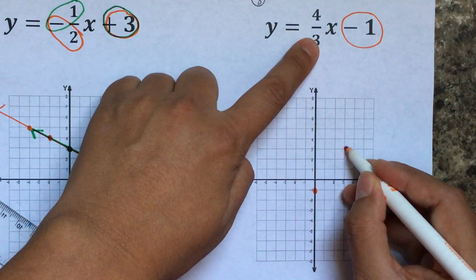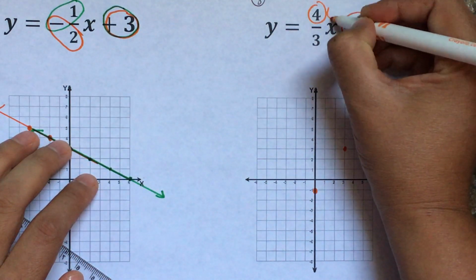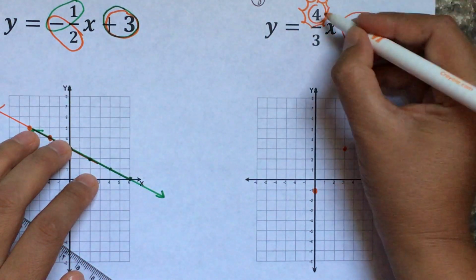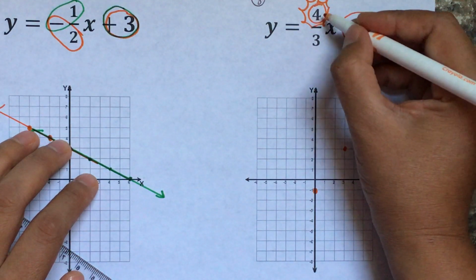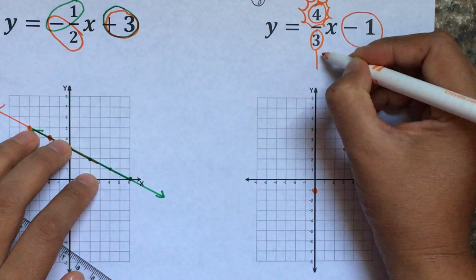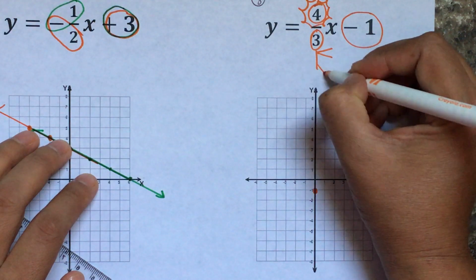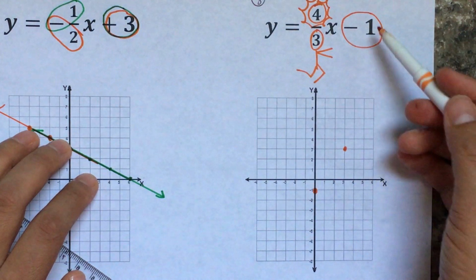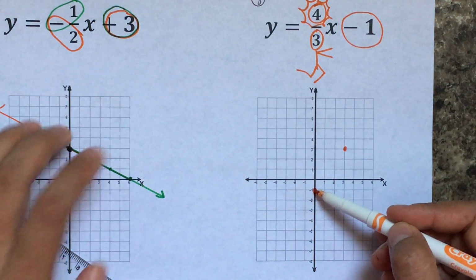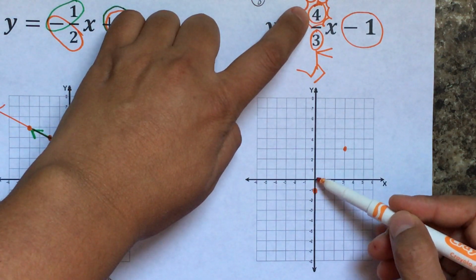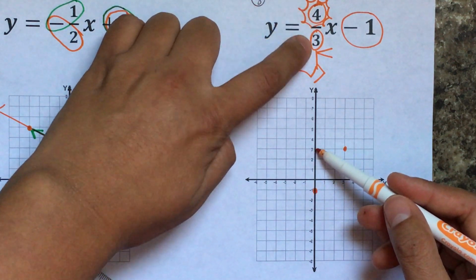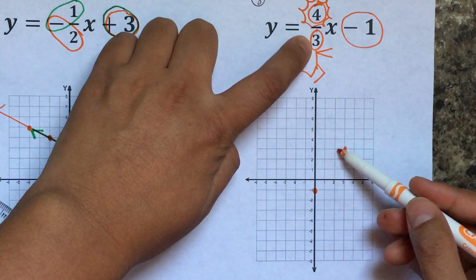1, 2, 3. Okay, remember that this is the sun, so the sun, el sol sube al cielo o baja. Y este corre a la izquierda o derecha, como es positivo, a la derecha. Okay, so este es el primer punto. El sol es positivo, so sube, es de día. El 3 es positivo, a la derecha.